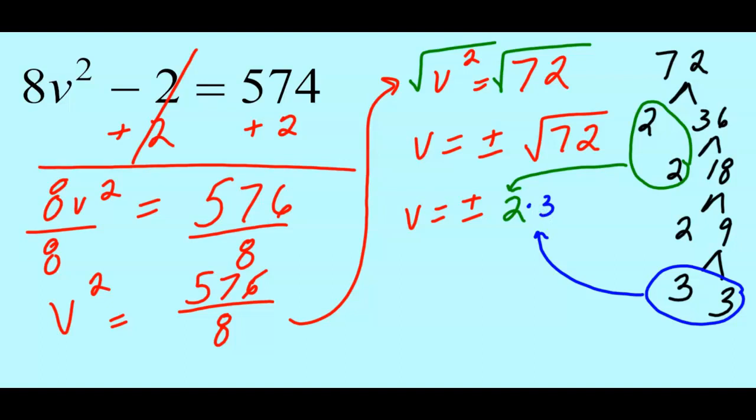And then I have this 2 that doesn't match up with anything, so that's going to have to stay underneath my square root. All right, and then the last thing you want to do is go ahead and simplify this right here. Go ahead and multiply your 2 times 3. So v equals plus or minus 6 square roots of 2.